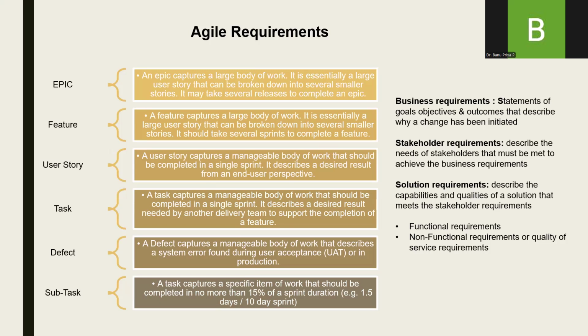These requirements will be given by a stakeholder, and these are nothing but the needs of a stakeholder to meet the business requirements. Usually, the business requirements will be of 2 things. One is functional requirements, and the other one is non-functional.